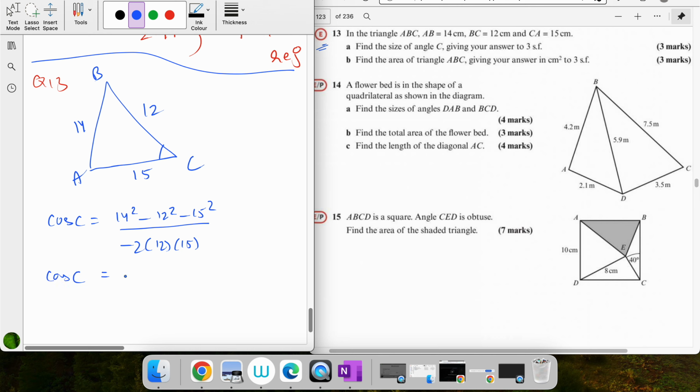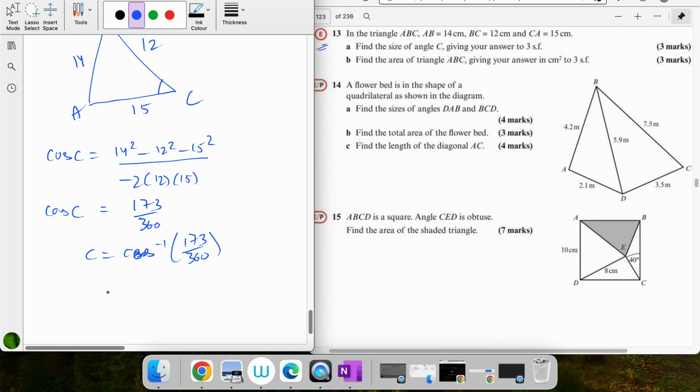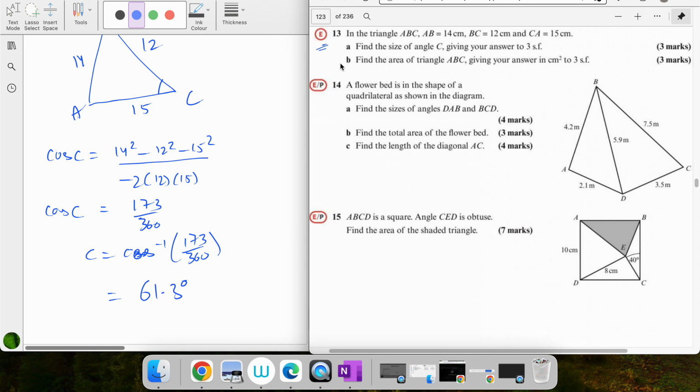Cos of C is equal to, using calculator, 14 square minus 12 square minus 15 squared by minus 2 times 12 times 15, and this is 173 by 360, and C is equal to cos inverse of the number, which leaves an answer 61.3 up to 1 decimal place and 3 significant figures.